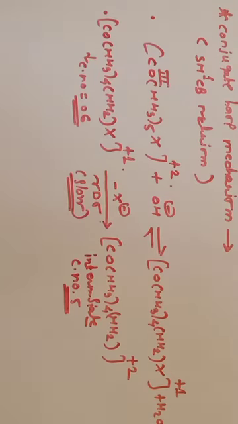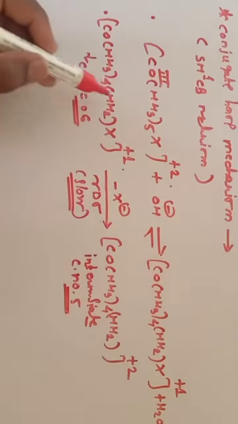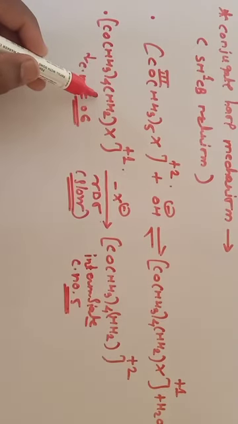Why does the dissociation of these halogens occur in the second step? The reason is that the deprotonated form of the complex has lower charge. This is your protonated form, this is your deprotonated form, meaning a proton is removed.